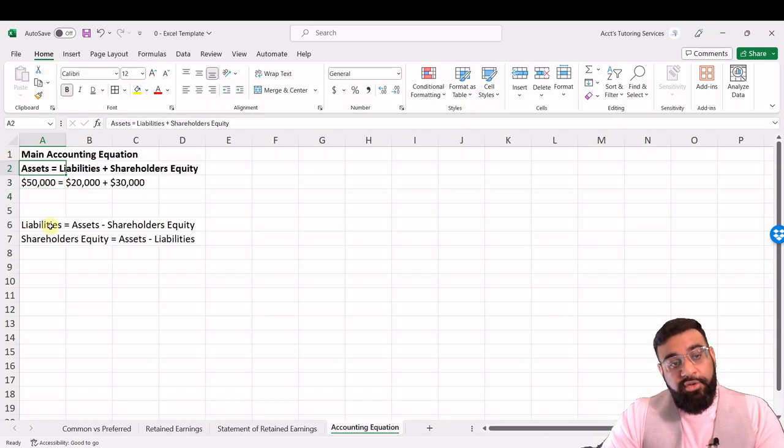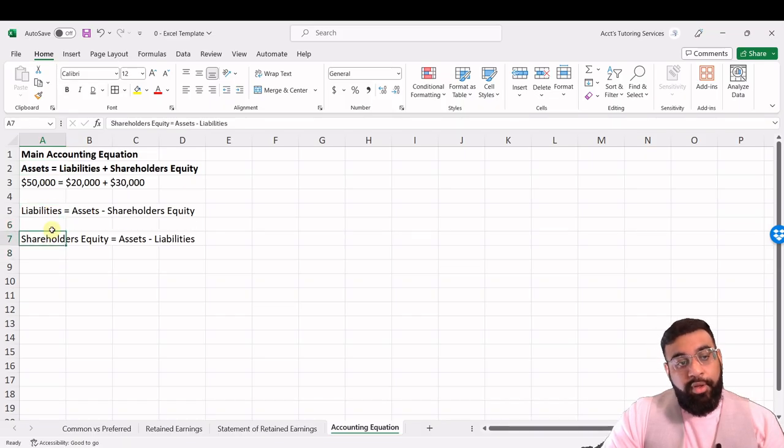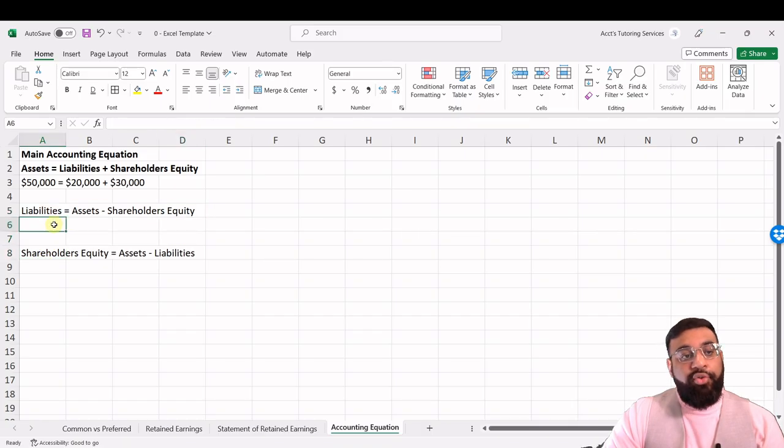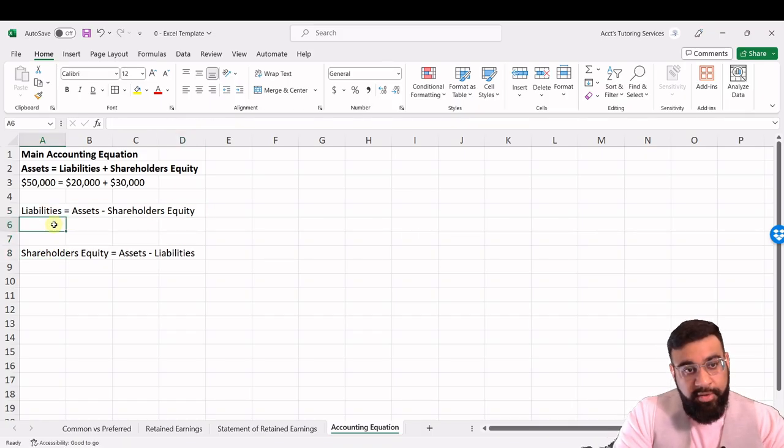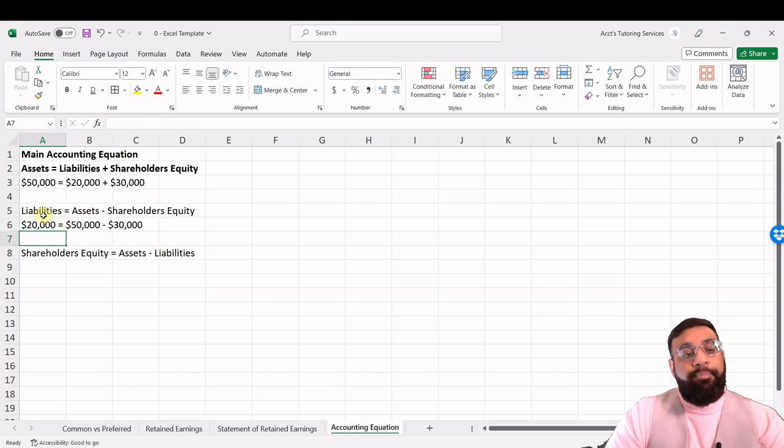Now we could rearrange this formula in two different ways. We could do liabilities equals assets minus shareholders' equity. So if liabilities is 20,000, we could derive this by taking assets, which are 50,000, and subtracting 30,000 shareholders' equity.